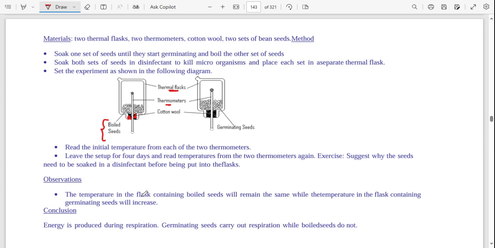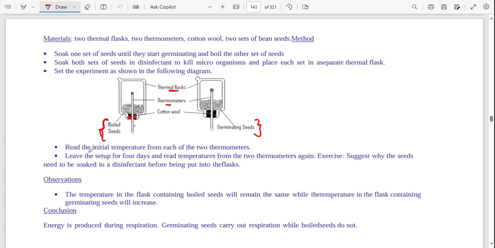Okay, so what happens is that you are going to read the initial temperature from these two. In one container you have got a seed that has been boiled, meaning that this seed, because it has been boiled, can't undergo respiration. And then this seed is germinating, meaning it can undergo respiration.